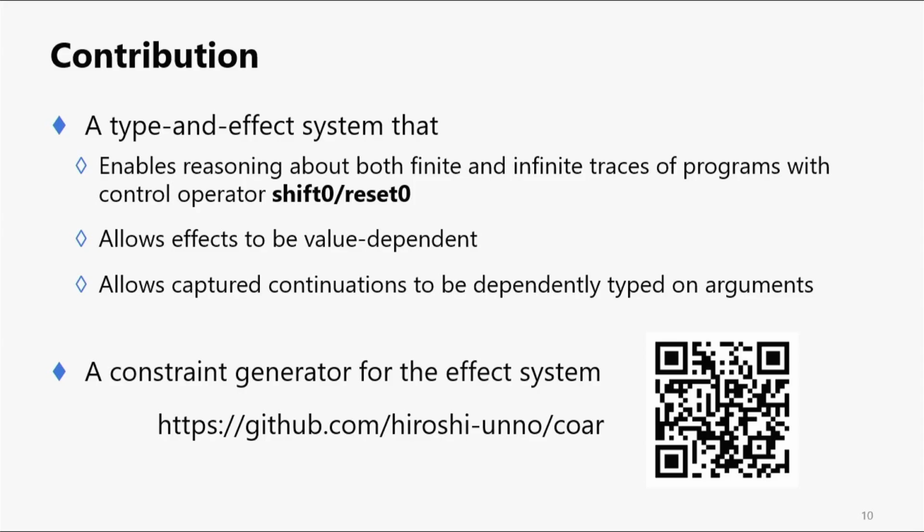An important point from the perspective of the new effect system is that it supports dependent typing for continuations. In our effect system, types of continuations can be dependent on the argument. As far as I know, this is the first dependent type system allowing this dependency.